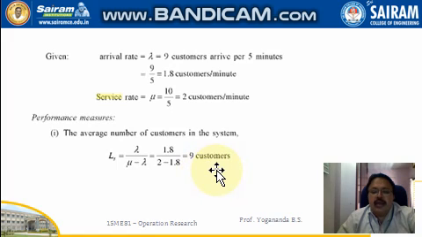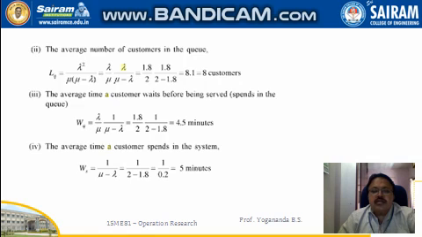So we are getting 9 customers. That is the average number of customers if you take at a particular time, those who are waiting in the queue and those who are at the service counter, considering all the customers together. So there will be 9 customers in the entire system.